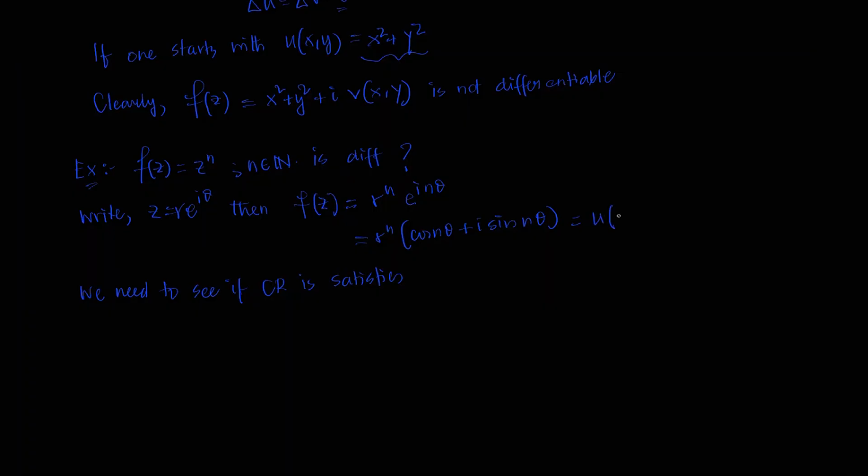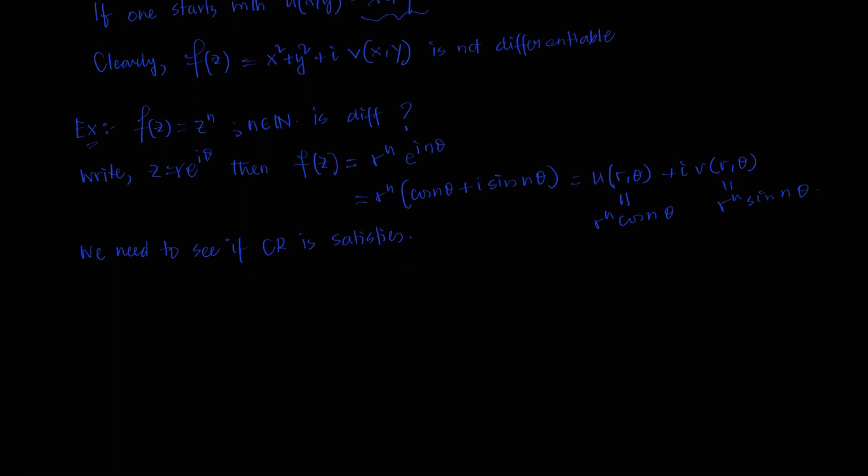So the real part is in terms of r and theta, plus i times the imaginary part, also in terms of r and theta. u is r power n cosine n theta, and v is r power n sine n theta. Is this okay? So we have to find the CR equation in polar coordinates in this case, because the same CR equation won't work here. So, the CR equation in polar coordinates.